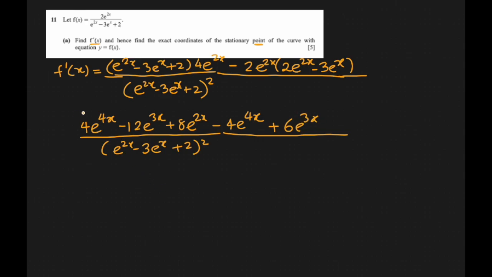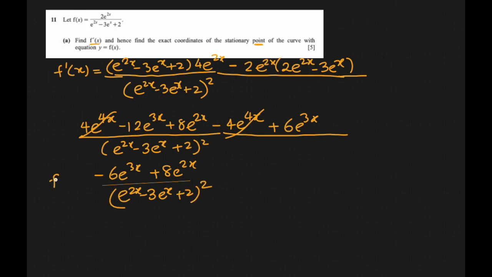So 4 e to the power 4x and minus 4 e to the power 4x are the same and opposite sign, they cancel out. Minus 12 plus 6 is minus 6 e to the power 3x, and then plus 8 e to the power 2x, divided by e to the power 2x minus 3 e to the power x plus 2, squared. This is the derivative of f(x).